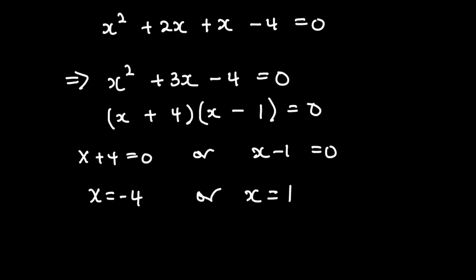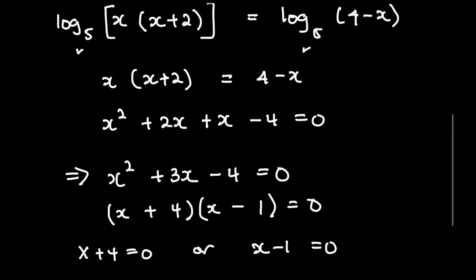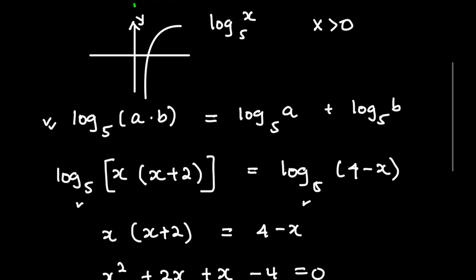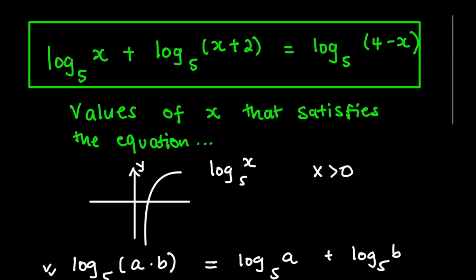So basically, at this point, we are done. However, we need to look at what we are dealing with here. We need to check if both this value and this value work. What is the domain of this function? X should be greater than 0.